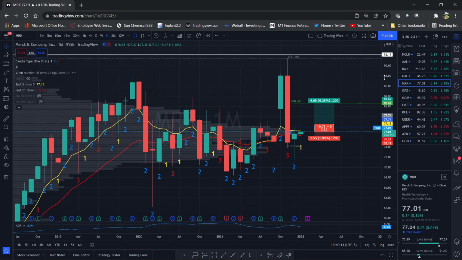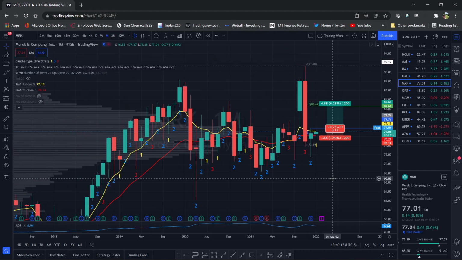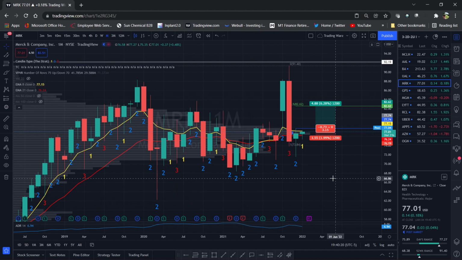Merck is another one that I'm interested in. It's sitting right between my two EMAs. So looking for that to get above that 8 EMA there for an entry. And with this one being such a very big outside candle on that previous month, that November month, my target is just the halfway point on this one.